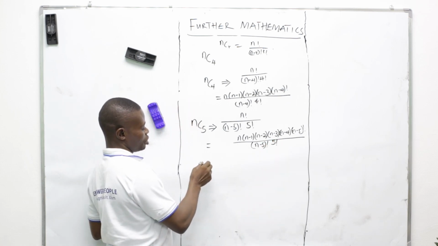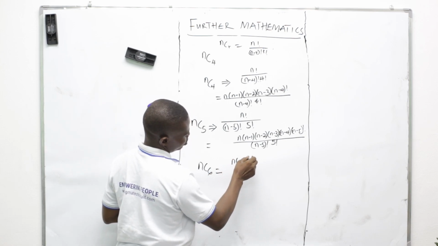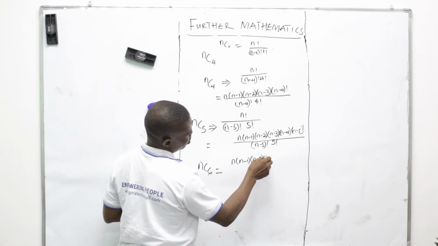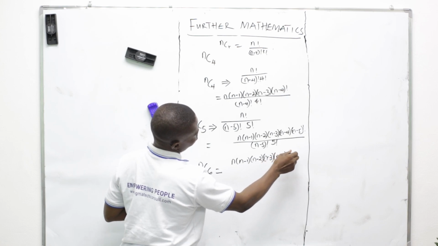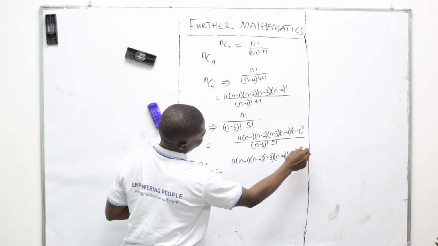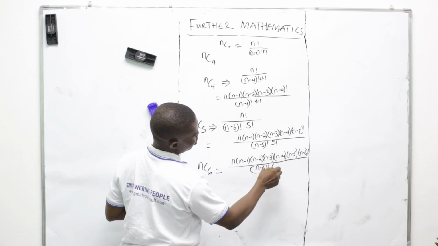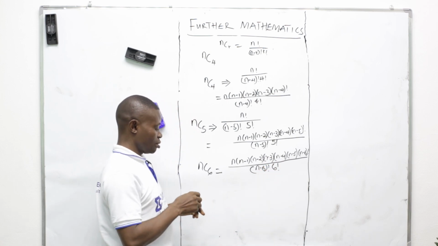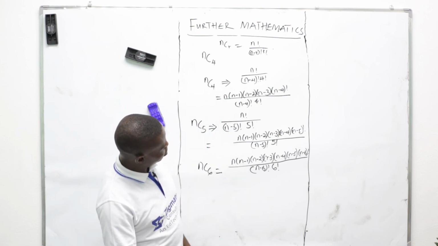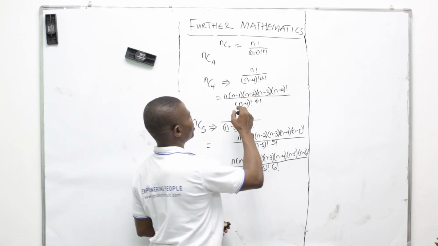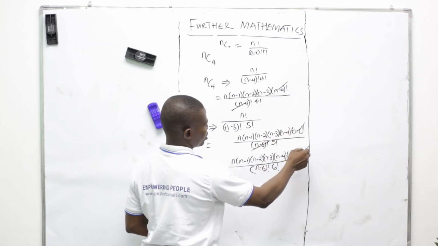So n combination 6 equals n into n minus 1, n minus 2, n minus 3, n minus 4, n minus 5, n minus 6 factorial all over n minus 6 factorial into 6 factorial. Okay. Seeing this, we can say this will cancel this, and this can also take care of this.